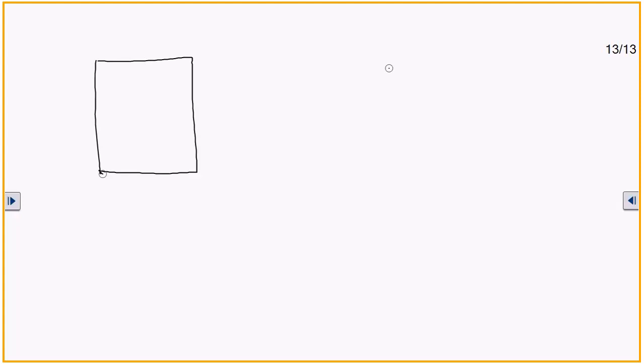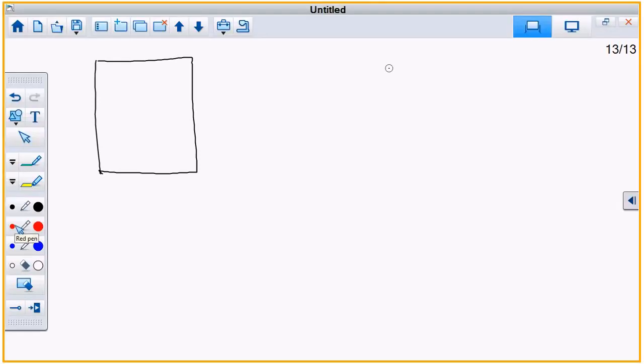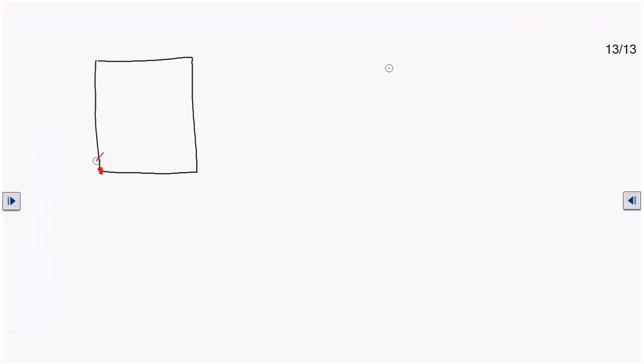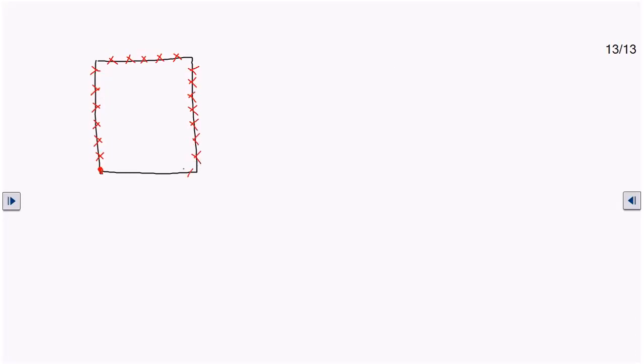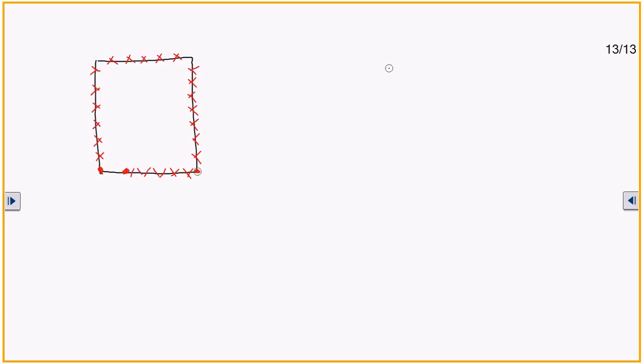The first thing people do when they buy a piece of property is put up a fence. And there's a gate right there. Okay, so they put up a fence.